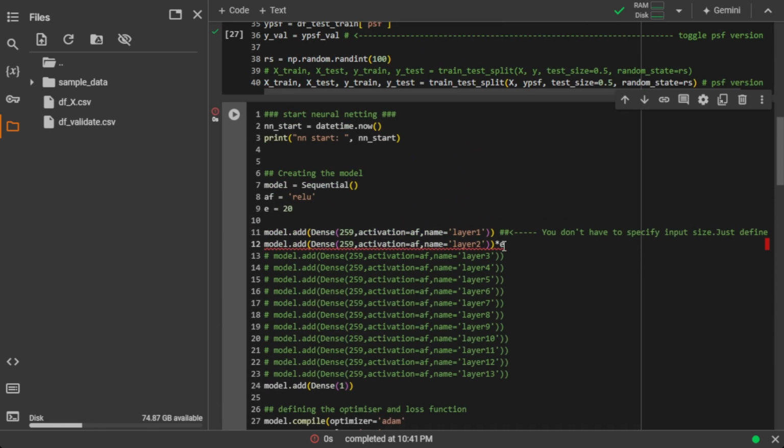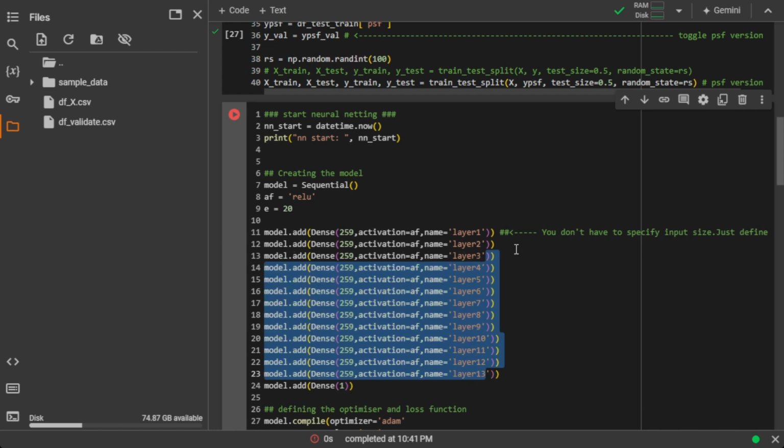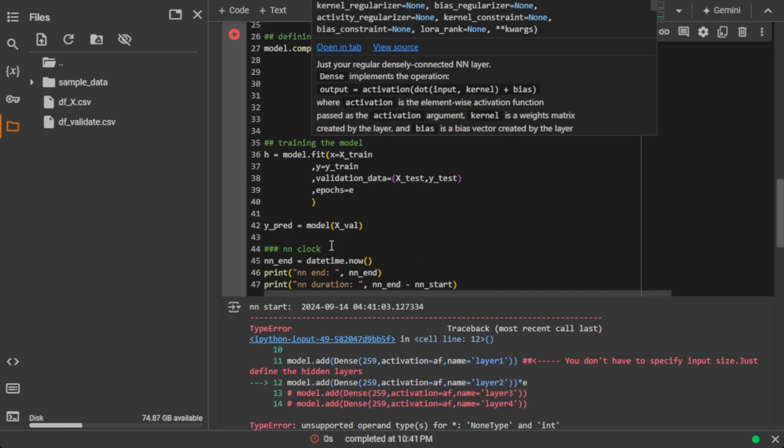Okay, that's not how it works, obviously. But you get the idea. You can have more tools to manipulate your code if you keep these variables outside of your model construction.